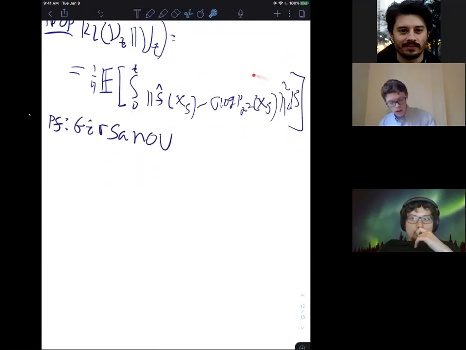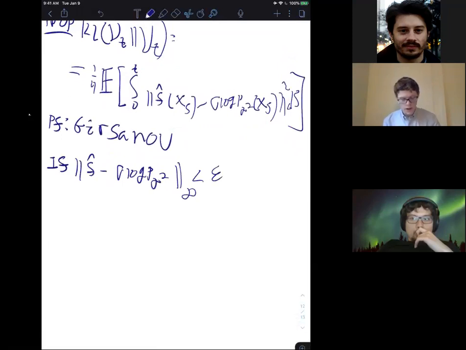And here's the point where, if f hat and del log p sigma squared are uniformly close, then we are done. That's because it's obvious that if we have this kind of uniform closeness, then this expectation is small, and we're done.